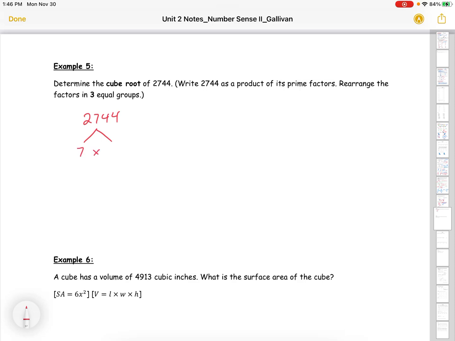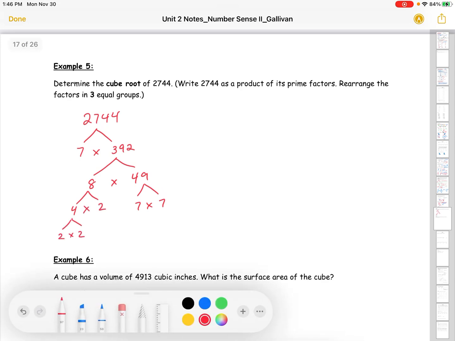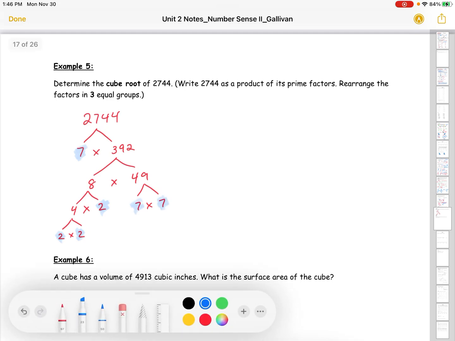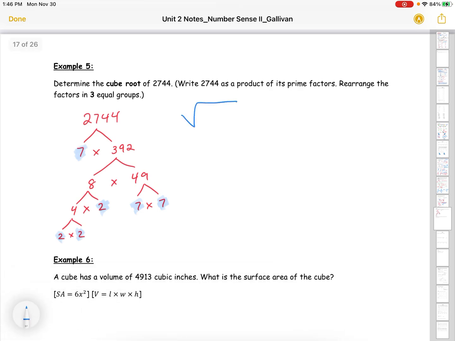So this is 7 times 392. 7's a prime number, so here 392 will be 8 times 49. 49 is 7 times 7, and 8 is 4 times 2, and 4 is 2 times 2. So let's highlight our primes. I have a 7, a 2, a 2, a 2, and a 7, 7, 7. I already can kind of see that I have triplets.